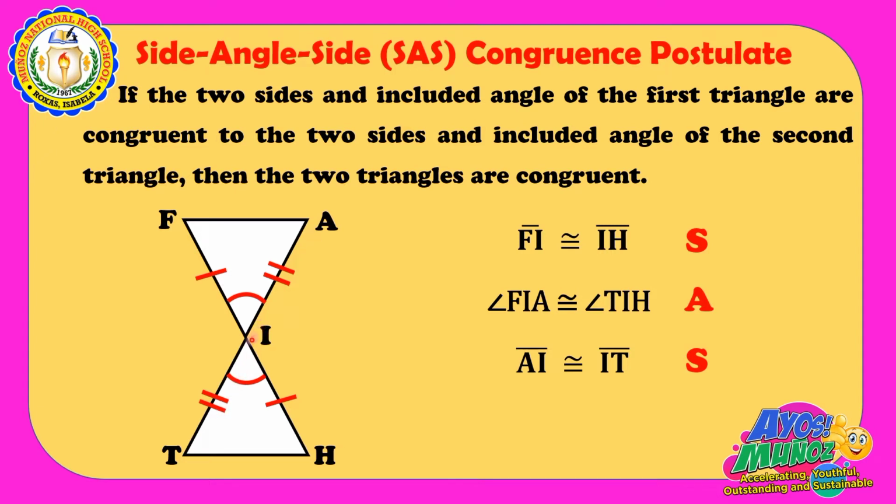If the two sides and included angle of the first triangle are congruent to the two sides and included angle of the second triangle, then triangle FIA is congruent to triangle TIA. That is the side, angle, side or SAS congruence postulate.